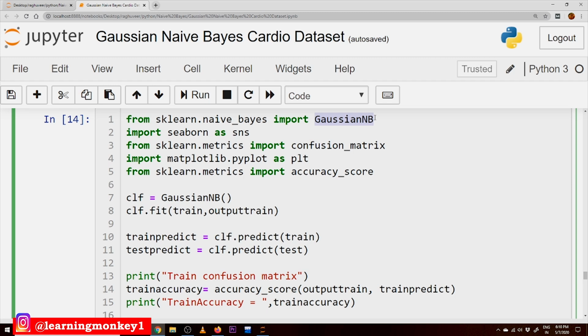This we discussed in the naive Bayes class. Since the whole dataset is numerical data, there is a separate class called Gaussian naive Bayes for applying on numerical data. In our last class on the Amazon dataset, we used multinomial naive Bayes. For text data, use multinomial naive Bayes.